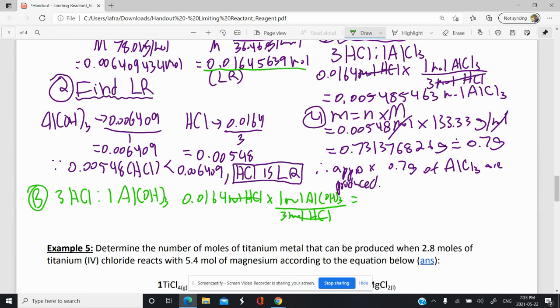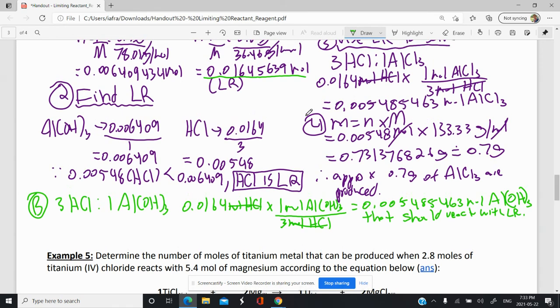And so I'm going to do that value there, the 0.0164569 divided by 3 is going to be 0.005485463 moles of AlOH3 that should react with the LR.